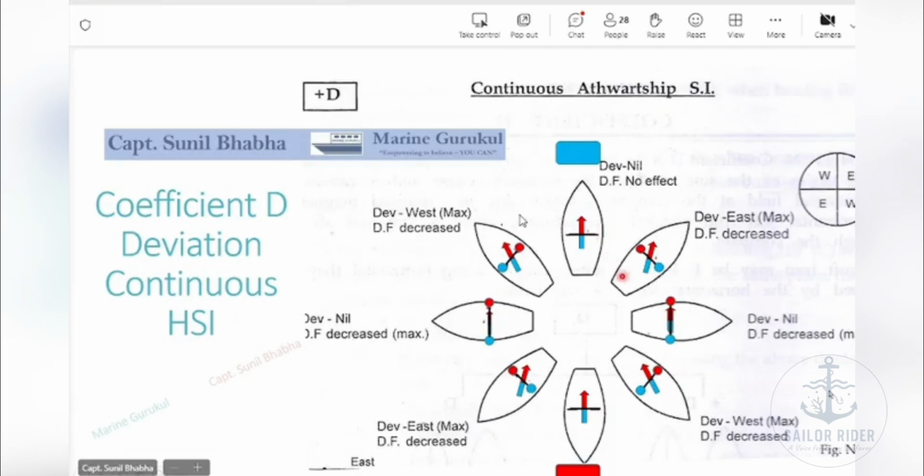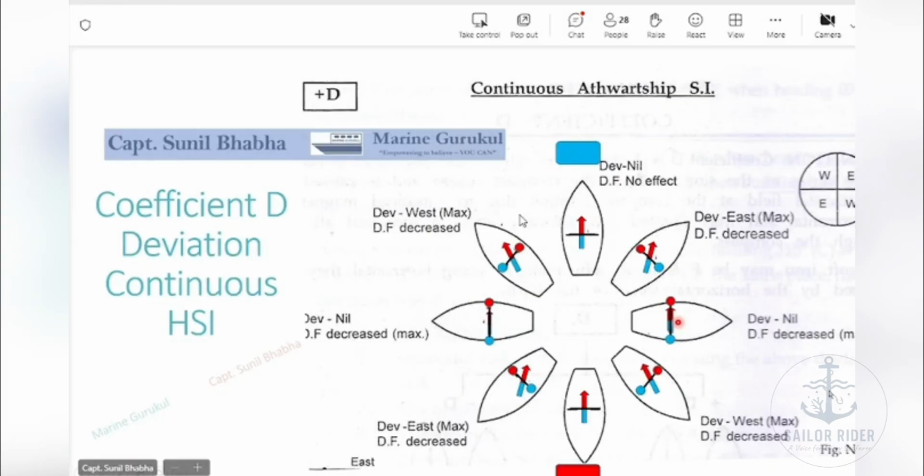Let's now take the ship on an easterly heading. So in this part of the diagram, you see the vessel heading in an easterly direction. Now with the ship heading in an easterly direction, this Athwartship beam is now perfectly aligned with the magnetic field of the earth.